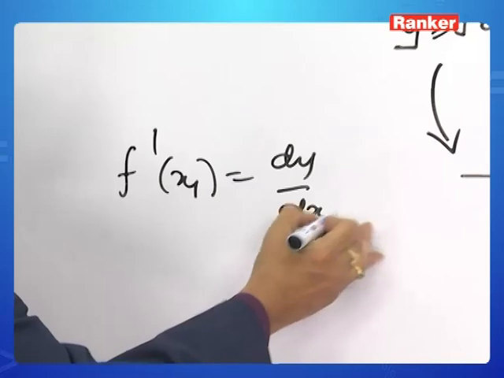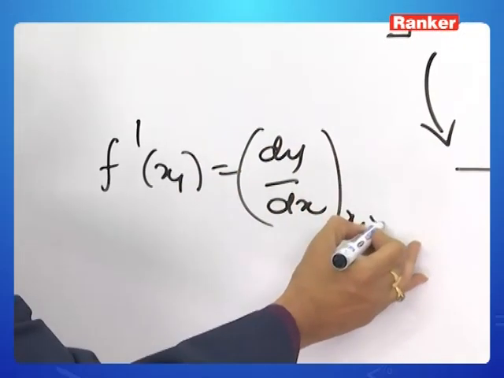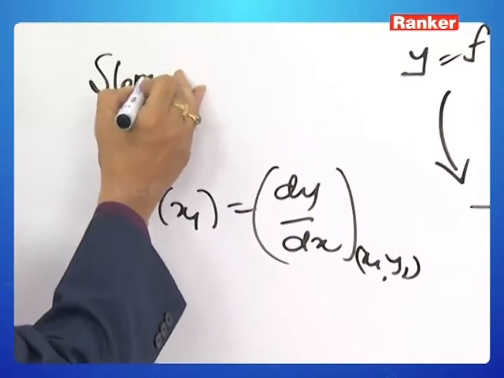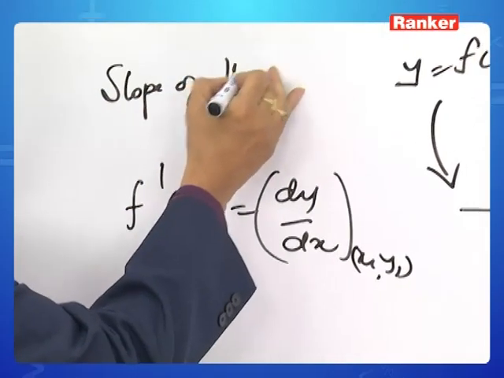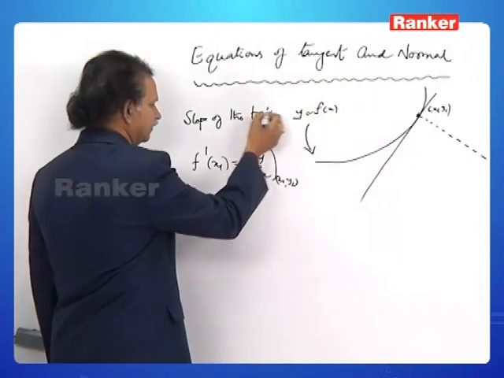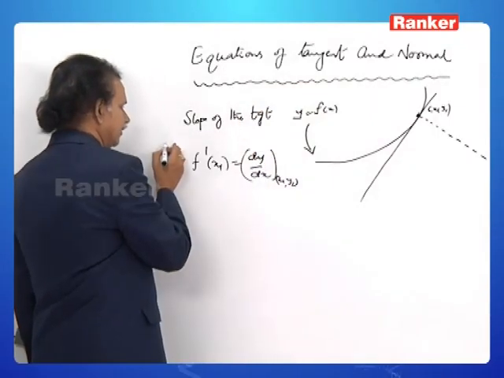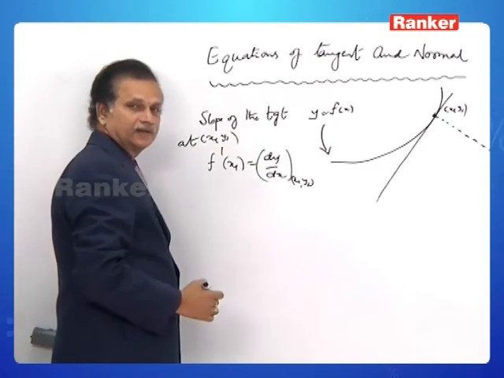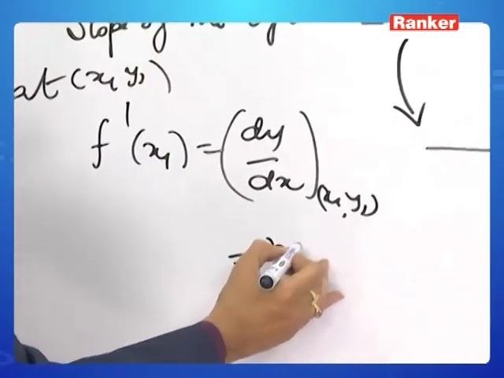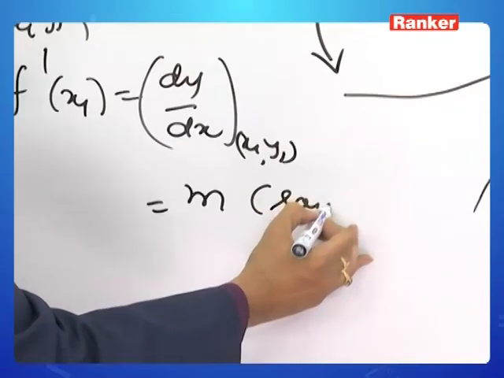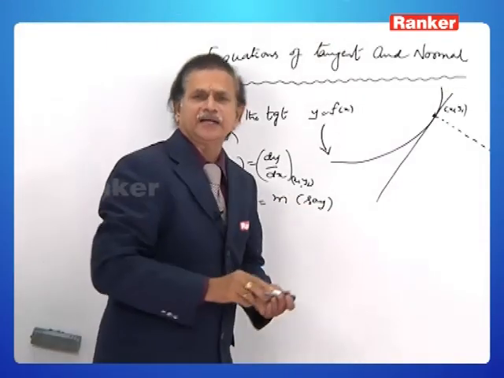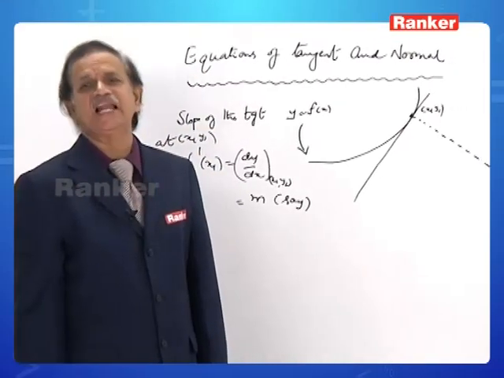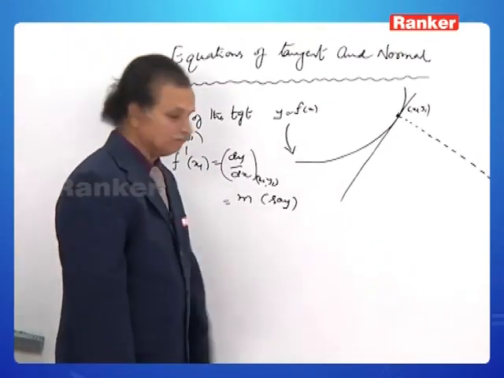which is nothing but the slope of the tangent at x1, y1. According to our usual habit to represent the slope of any line, let me call this m.